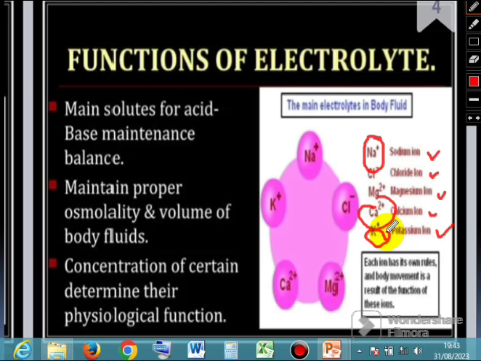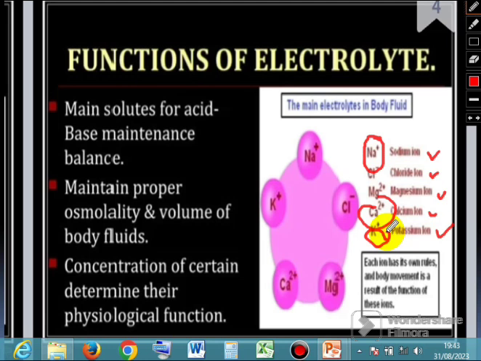They also help in muscle contraction through efflux.